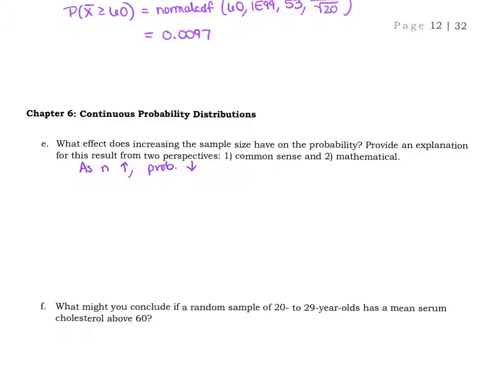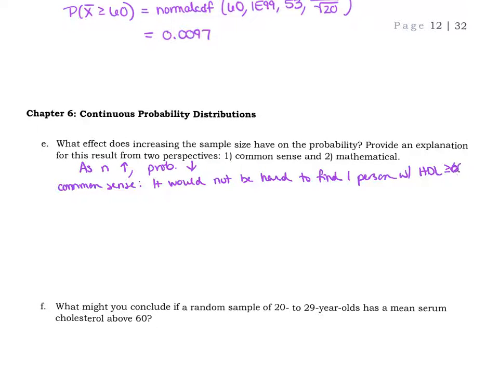And I said, let's explain this from two different perspectives, common sense and mathematical. So from a common sense perspective, let's think about that one. It would not be hard to find one person with an HDL of 60, or more for that matter.